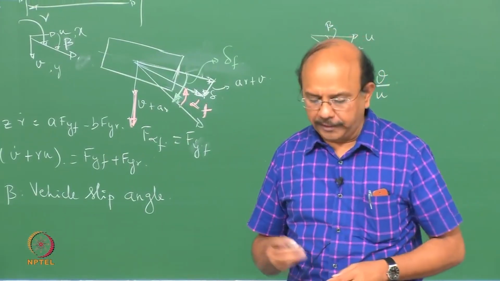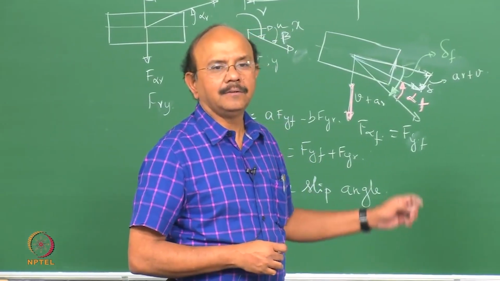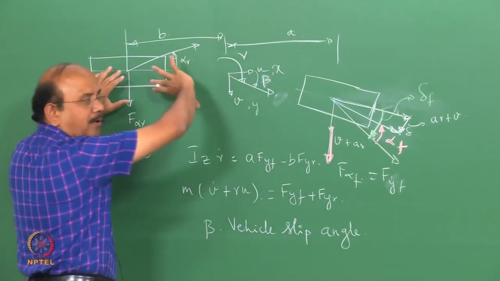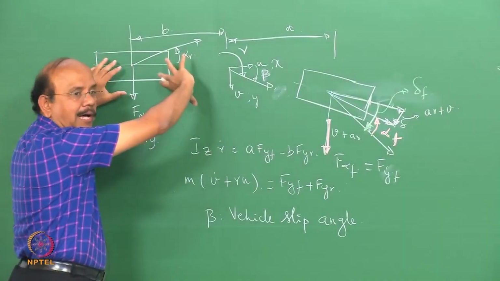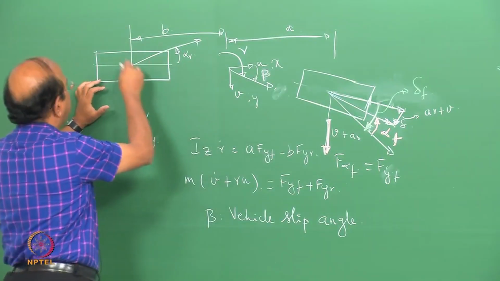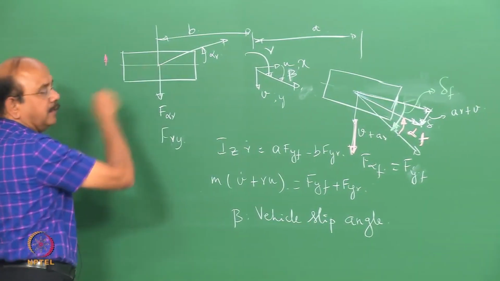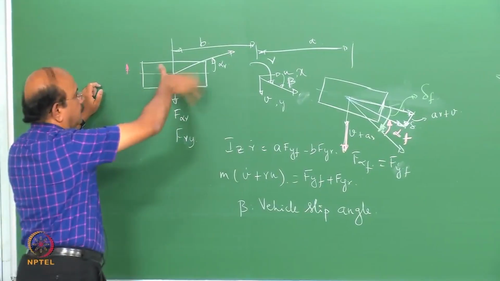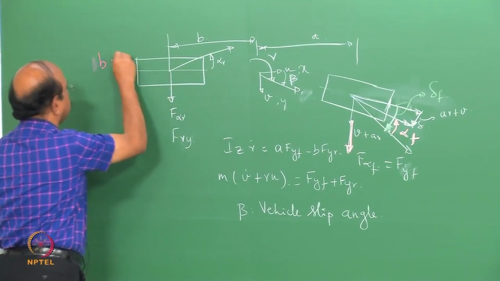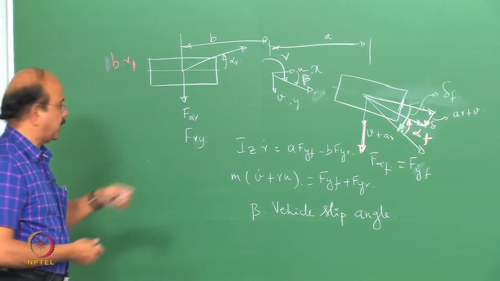There would be a velocity due to r, which is b into r, in this direction, and a velocity v in this direction.